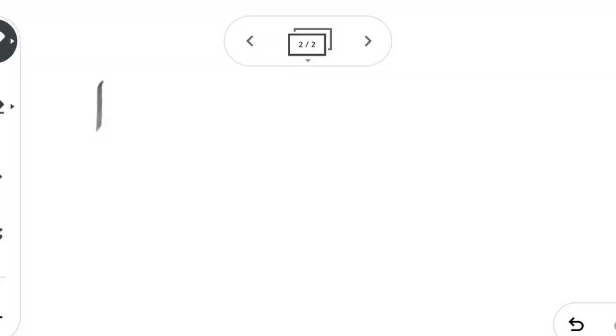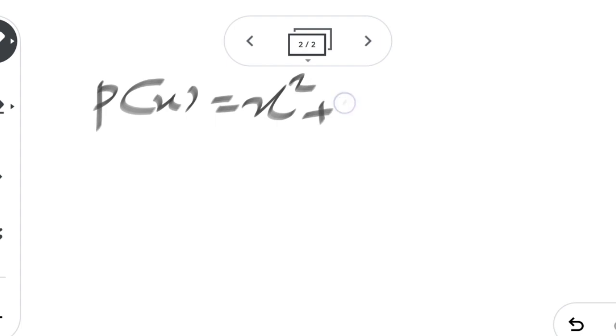Now we are going to discuss the quadratic polynomial. Consider the polynomial p of x equal to x square plus 5x plus 6. It is a quadratic polynomial. We need to find the zeros of this polynomial. How to find zeros?